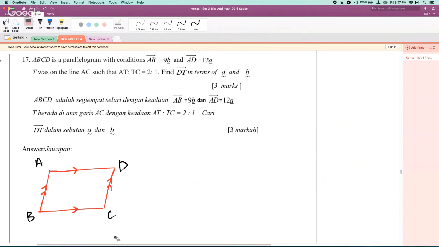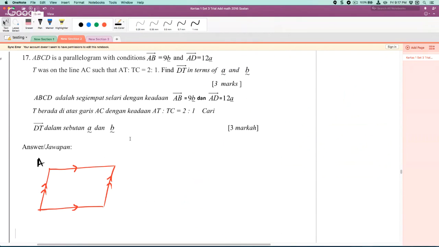Clockwise or anti-clockwise, it doesn't matter. Even if you want to start A from somewhere else, it is still correct, as long as you follow the order, clockwise or anti-clockwise. But something you cannot do is write the letters out of order. This one is definitely wrong. This is some common sense. All right, so I will just do the usual one, A, B, C, D.